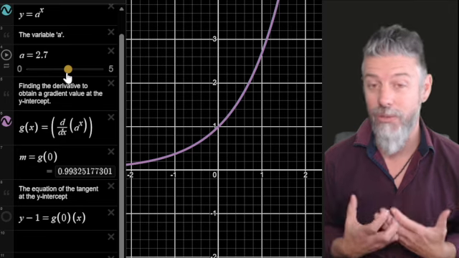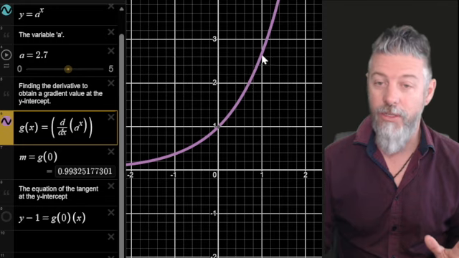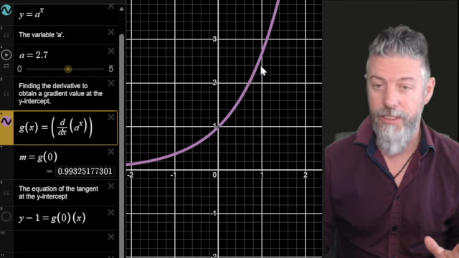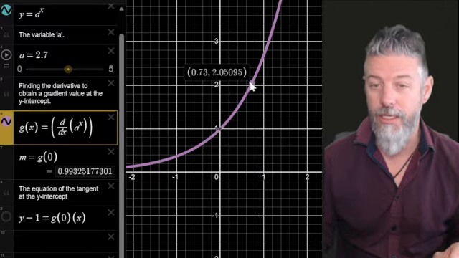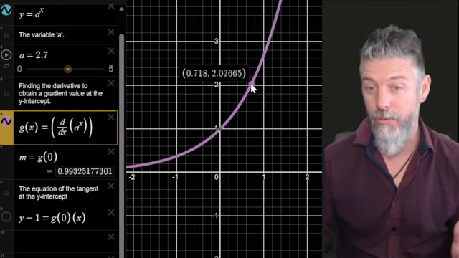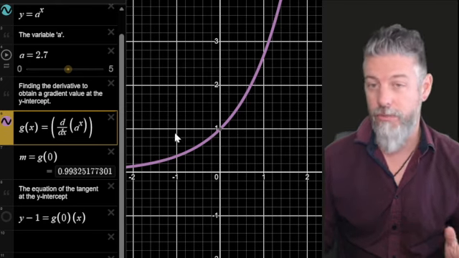Now that's a sentence you really need to be grasping, that the gradient, as in the line tangent that we draw here, is equal to this function value up here. So here, the gradient of that tangent would be 2. Not just the fact that the function value is 2, but the gradient is 2.